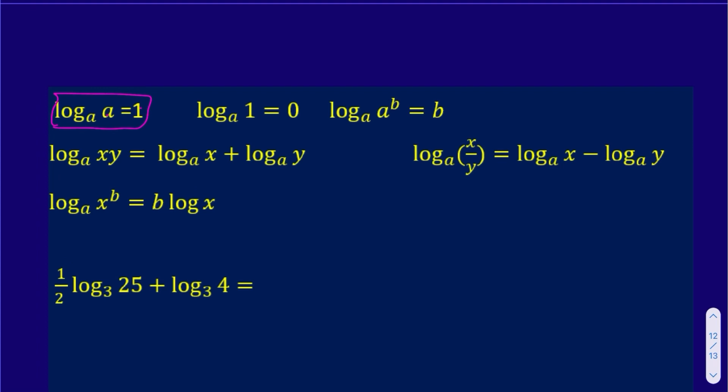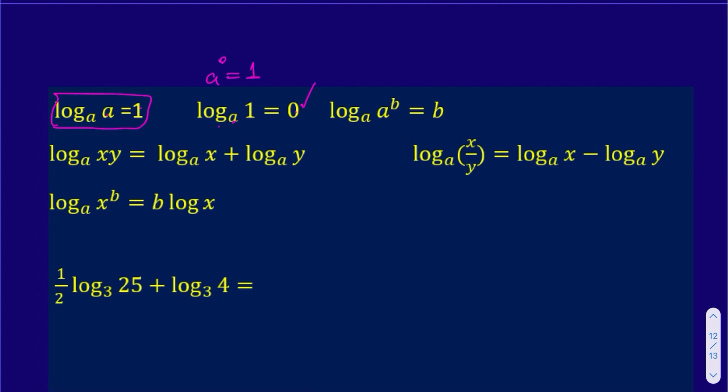And log of 1 to any base will be equal to 0, because any number to the power of 0 will be equal to 1. If we write it in an exponential form, it will be a to the power of 0 equal to 1. And this a can be any number or variable, okay, it doesn't matter. So log 1 to any base will be equal to 0.